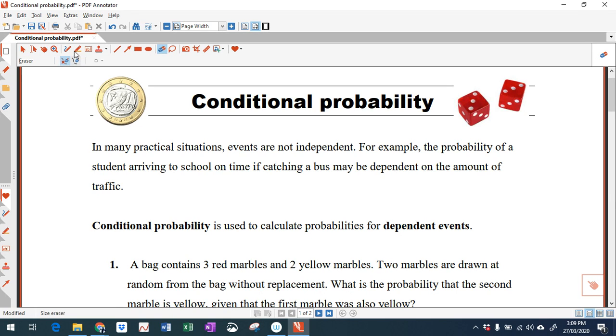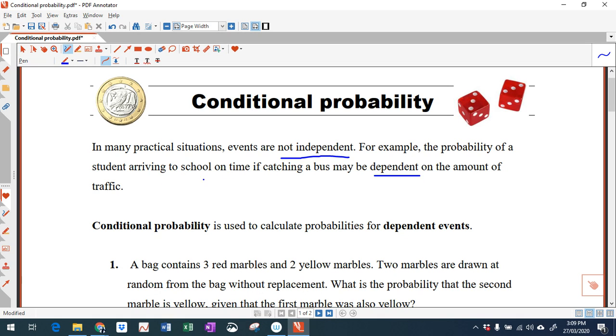Now, in many practical situations, events are not independent. For example, the probability of a student arriving at school on time, or catching a bus, may be dependent on the amount of traffic. So we'll say those two events are dependent.